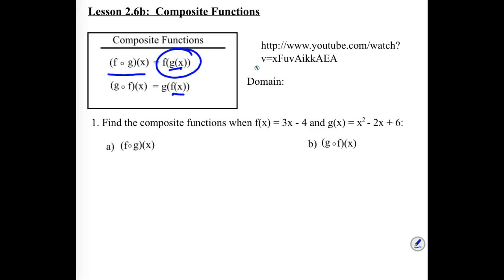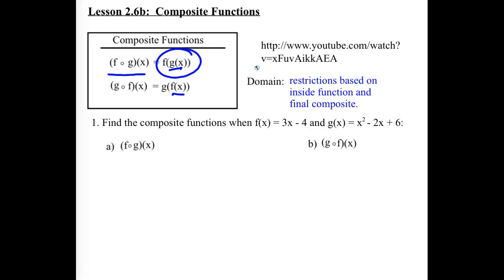Okay? The domain. You have to think just a little bit harder about domain than you did yesterday. Because yesterday we said any domain restrictions from the beginning follow you all the way through. This one is a little different.